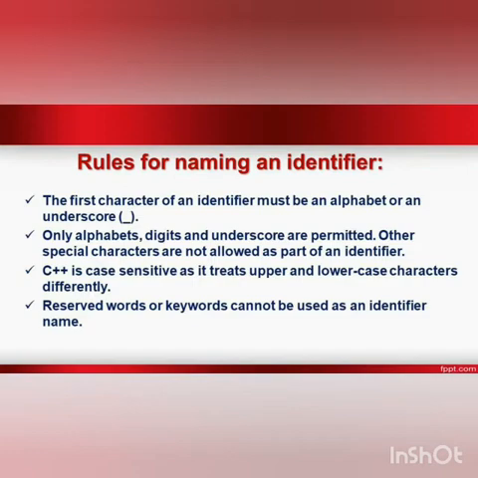A variable name must begin with an alphabet or underscore, and then it can be followed by numbers. The first character should not be a number. It should be an alphabet or an underscore. Special characters, in the sense comma, colon, semicolon, question mark, dot, etc., are not allowed for naming a variable.